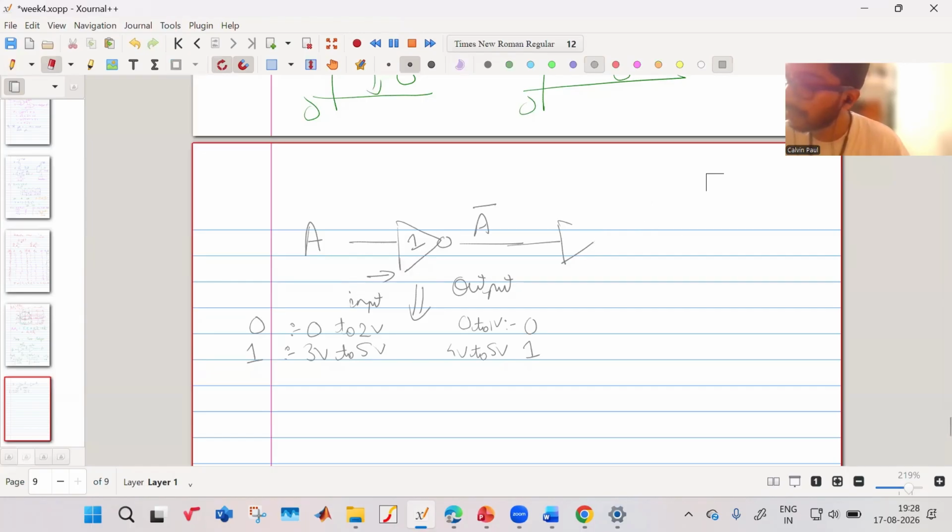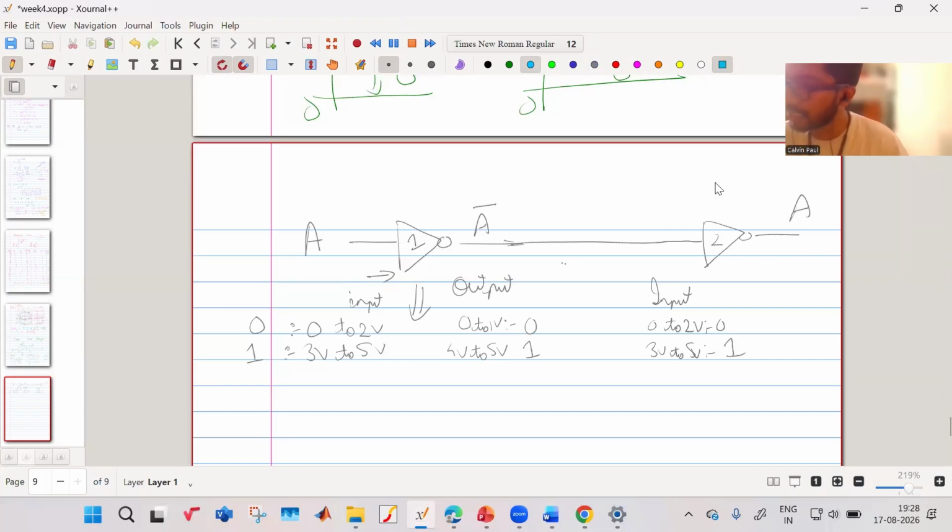Now, let's put some space. This is your inverter 2, which ideally should give you A, right? And 1 and 2 are similar inverters. So the input should be between 0 to 2 volt for it to be 0, or between 3 volt to 5 volt for it to be 1.